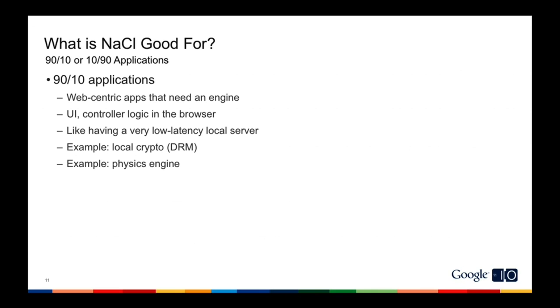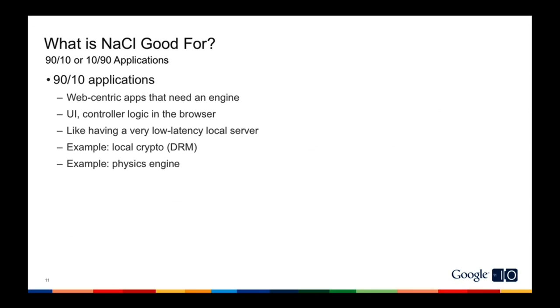It's kind of the situation where you want to have a very low latency local server. You can think of it that way. An example might be crypto, right? So you want to implement a DRM solution using your specific crypto IP. You can do this now with Native Client because your crypto technology, you can just stick it in the browser as part of the web experience and ship your encrypted data back and forth across the wire.